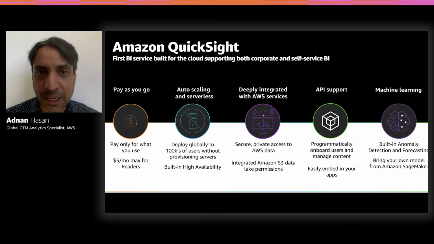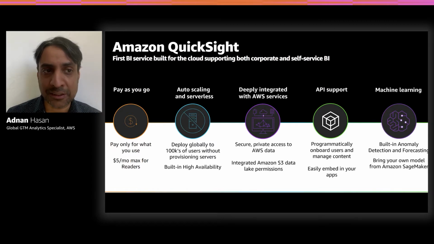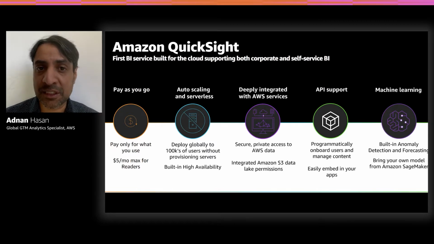It's designed to be serverless, so if you have 100 users or 100,000 users, doesn't matter. The system is fully designed to be truly serverless and allow you to scale automatically.